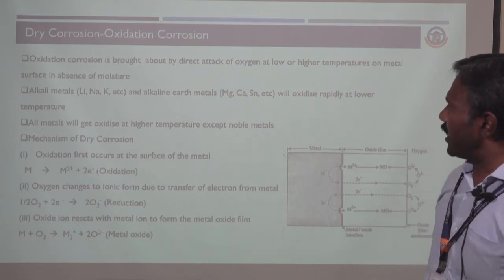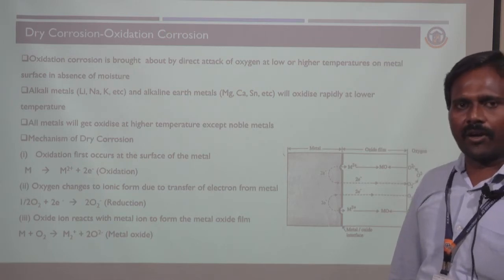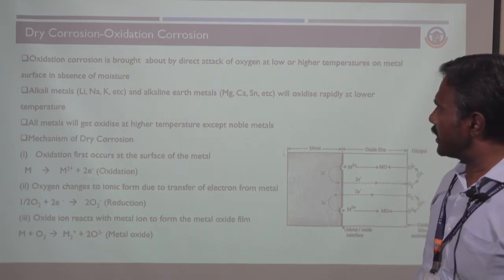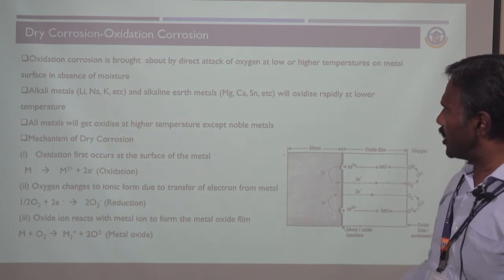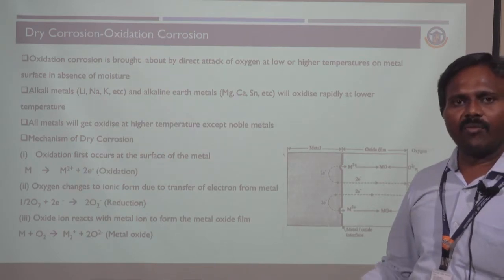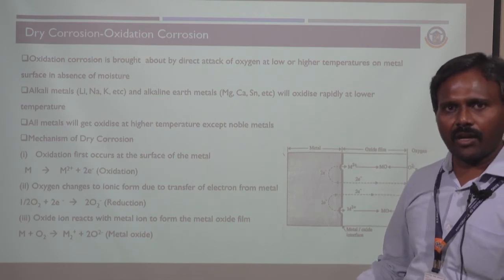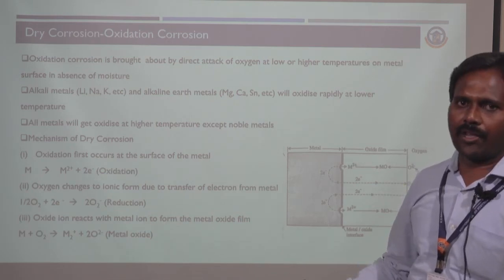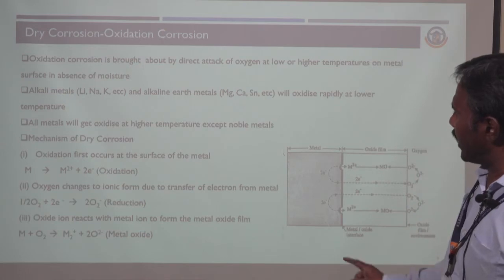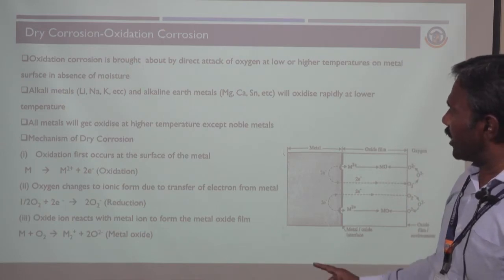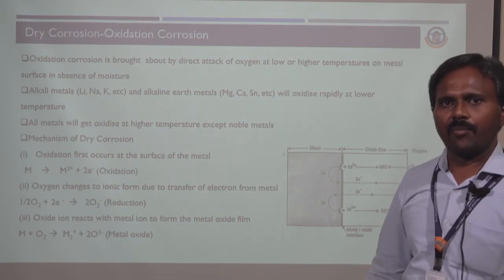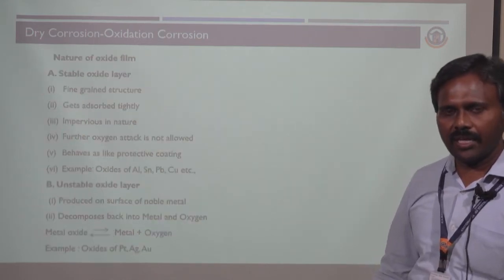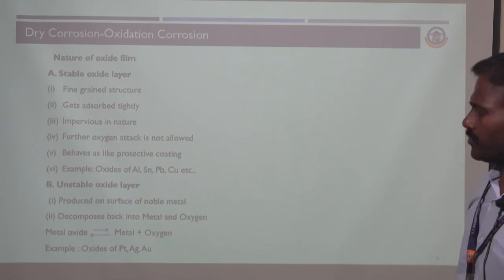Here the metal loses electrons, and the lost electrons are gained by oxygen at the oxide film and environment interface, and the oxygen is converted into ionic form. Finally the metal ions and the ionic form of oxygen combine together and produce metal oxide, and this is nothing but the corrosion.